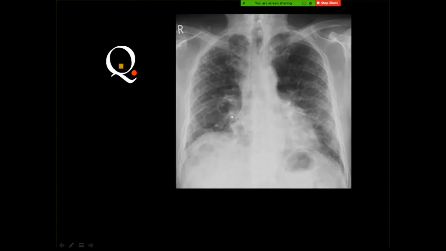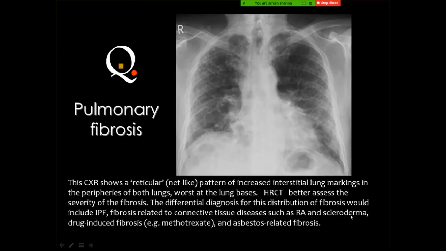This may be a summation of shadows, but if you see a picture like this, then you say that I'm dealing with diffuse lung disease, most likely of the interstitial type, and at the top of the differential will be idiopathic pulmonary fibrosis or usual interstitial pneumonia.